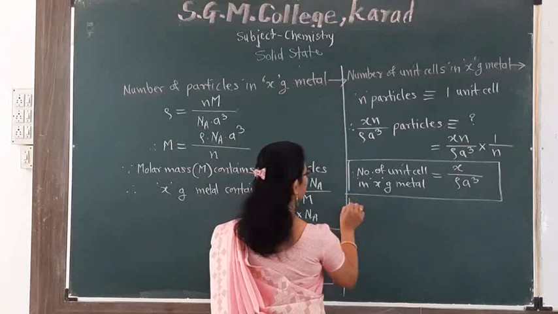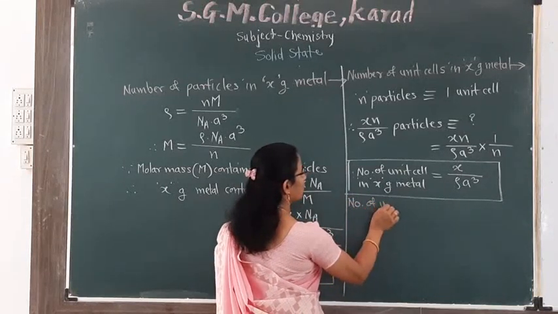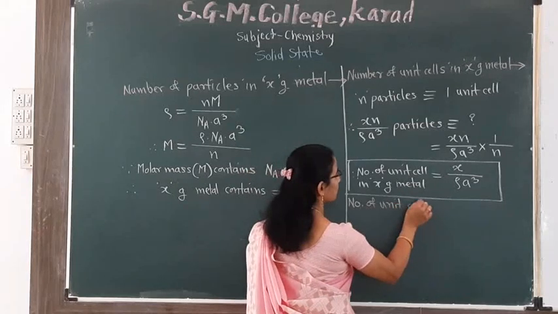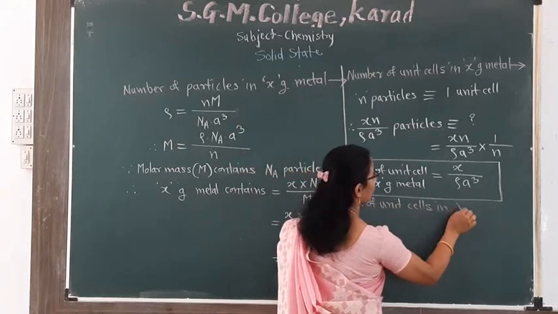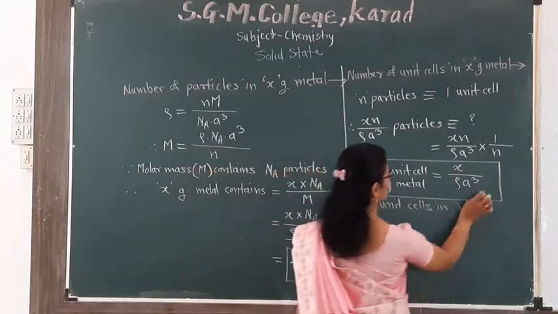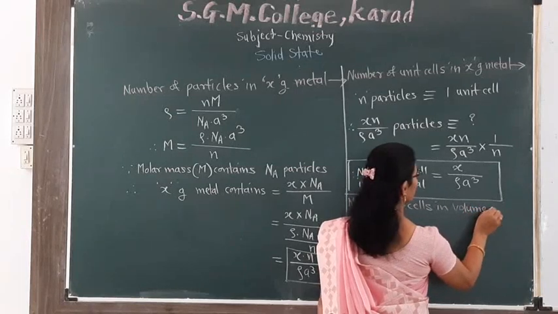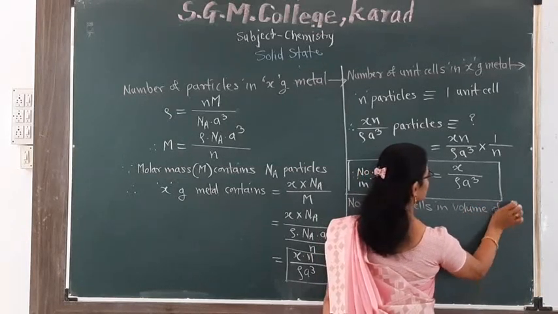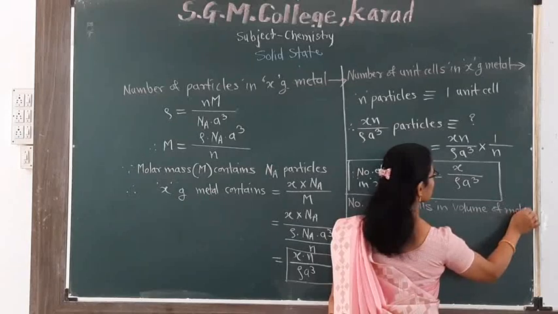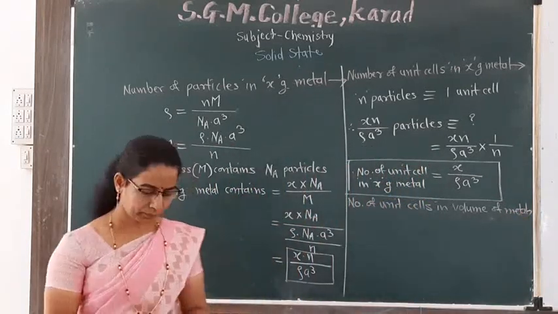Let us see the third relation, the calculation of the number of unit cells in volume V of metal. A very simple relation is there.